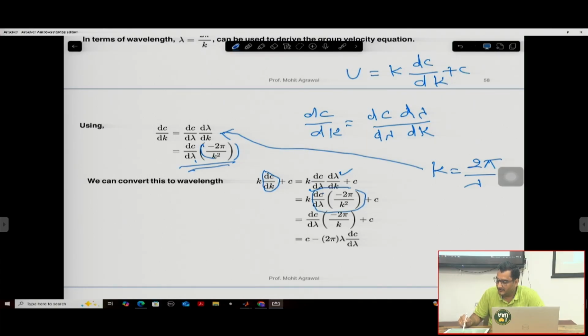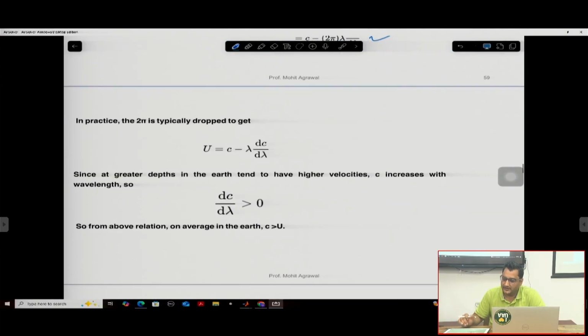So k dc by d lambda times 2 pi by lambda square plus c, and it will finally become c minus 2 pi lambda dc by d lambda. In practice you generally drop the 2 pi term in order to have a broader view of the relationship. So u is equal to c minus lambda dc by d lambda, that is the relation we generally get.